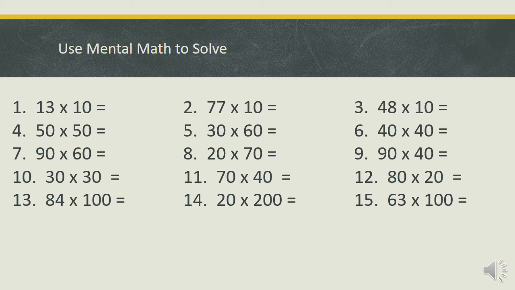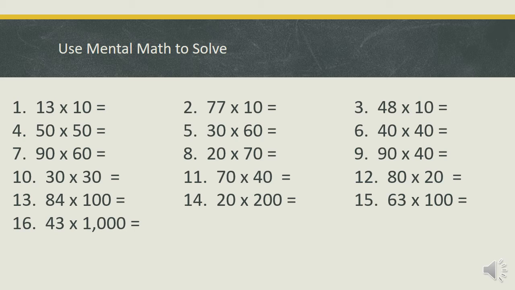63 times 100. Multiply your non-zero digits. Annex your zeros. Write it down. Add your comma. And let's move to number 16. 43 times 1,000. These are getting bigger.